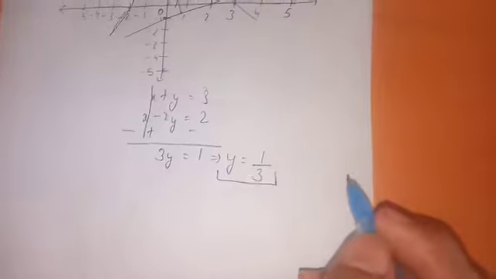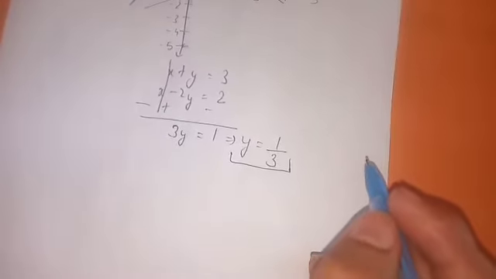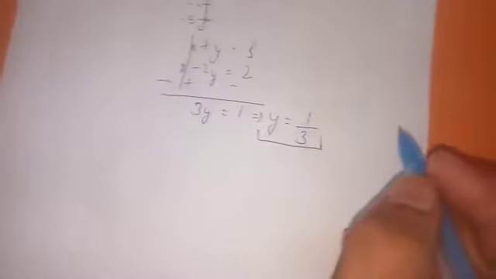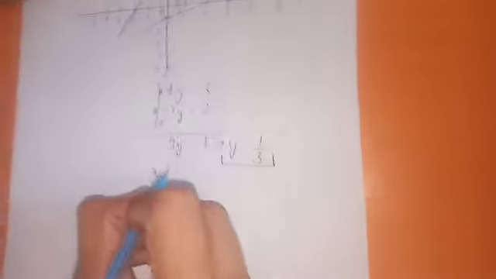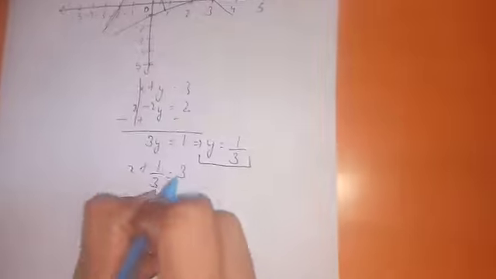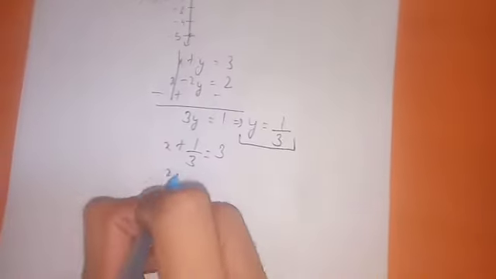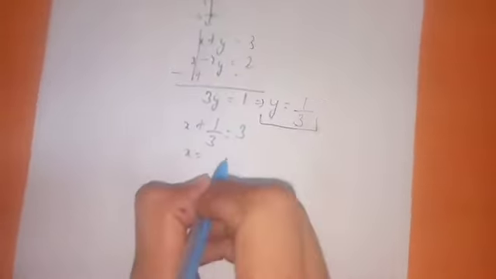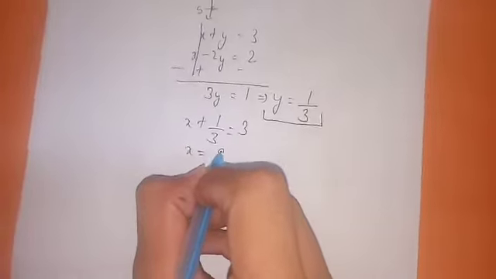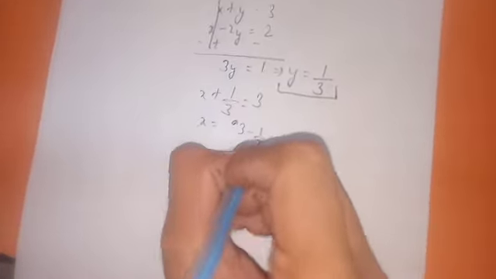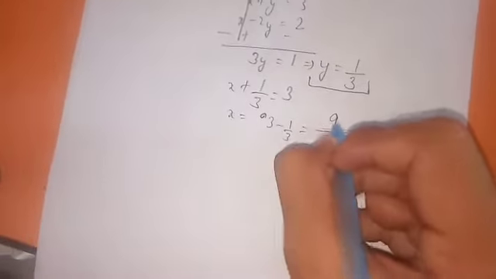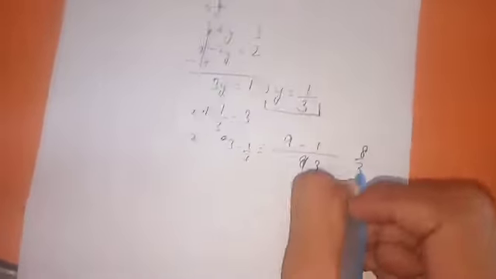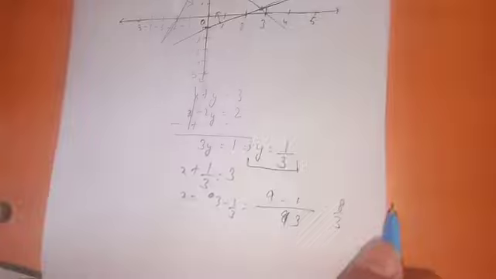Using this value of y, I can find the value of x. That will be x plus 1 by 3 is equal to 3. So x is equal to 3 minus 1 by 3, taking LCM 3. 9 minus 1 will be 8 by 3. So this way we have found the value of our 3rd point.